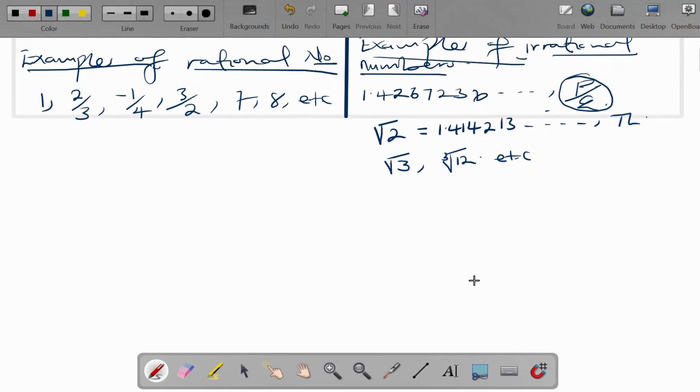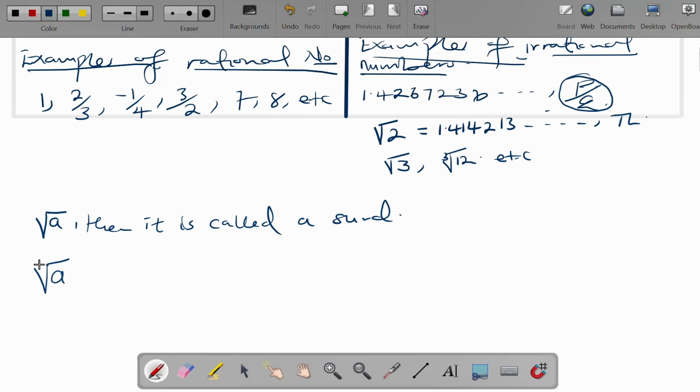So when you have a number, for example, the square root of a, then it is called a surd, and specifically this is of degree 2 or order 2. We can have another one, for example, the cube root of a.